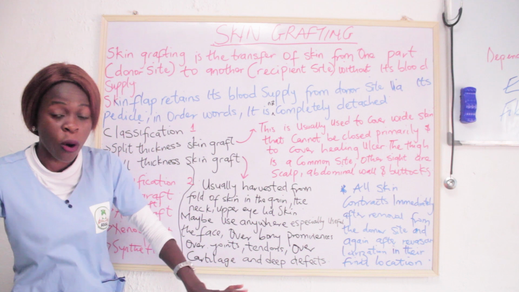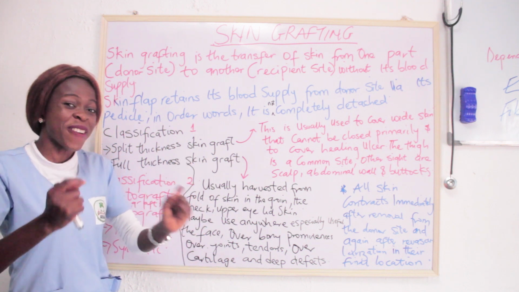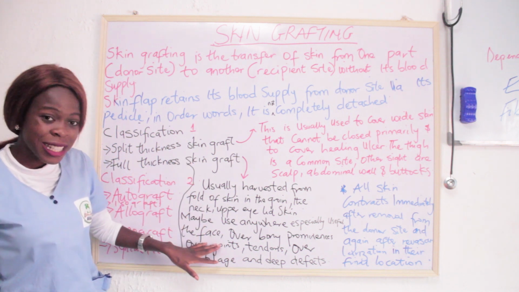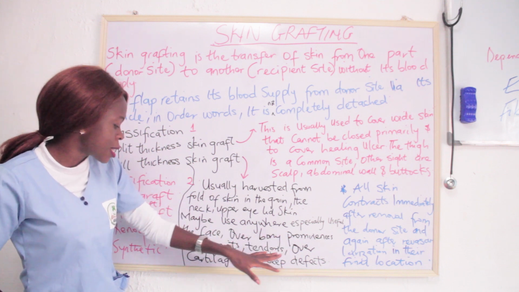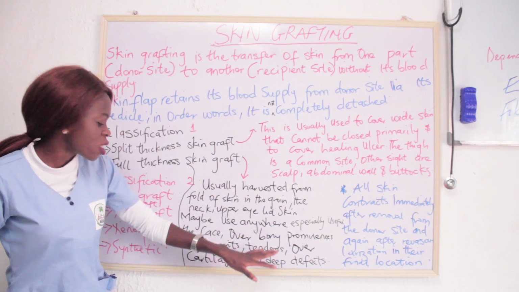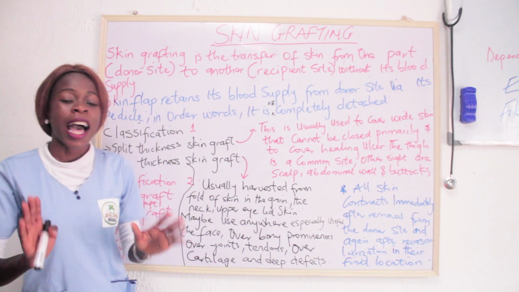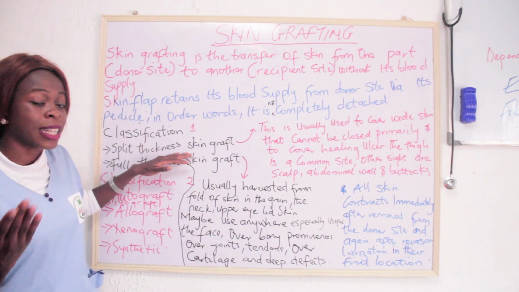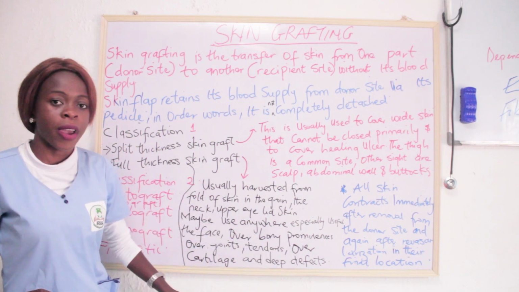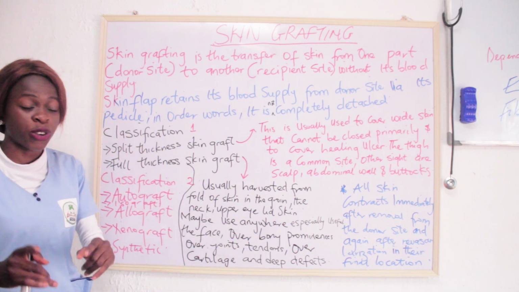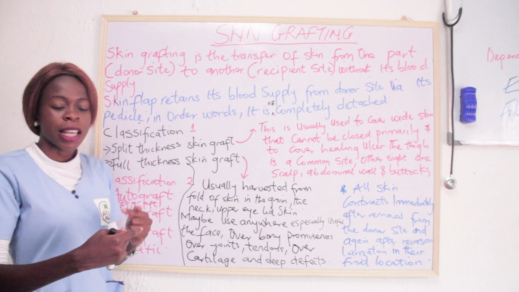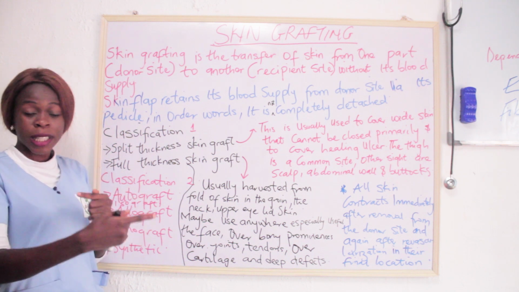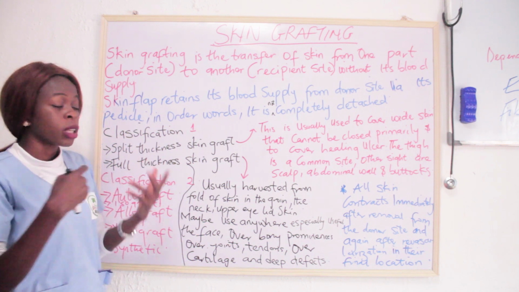You can use it anywhere, but it is very, very useful over the face, over bony prominences, over joints, tendons, over cartilages, and deep defects. But the split or partial thickness is not useful in these areas. That's also a key difference between your split thickness and your full thickness.